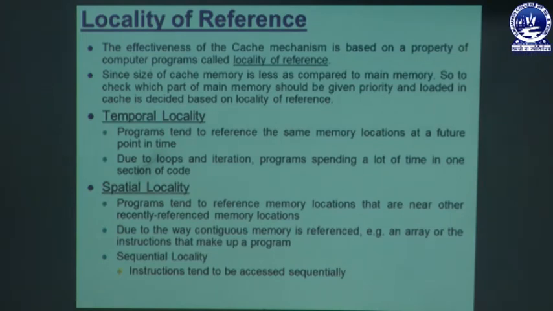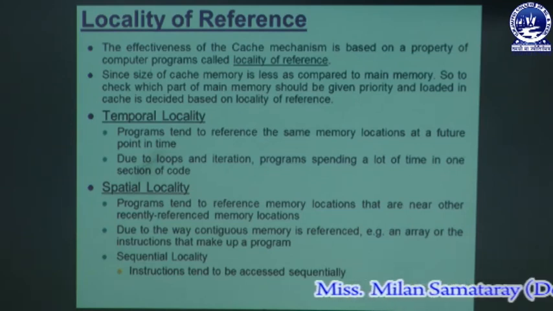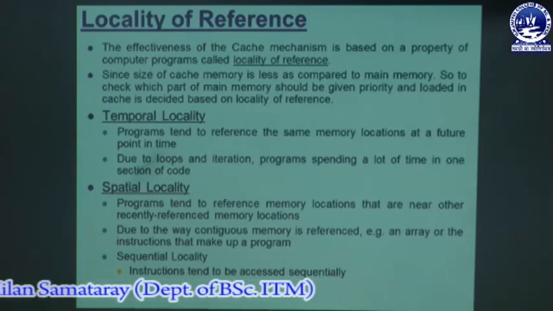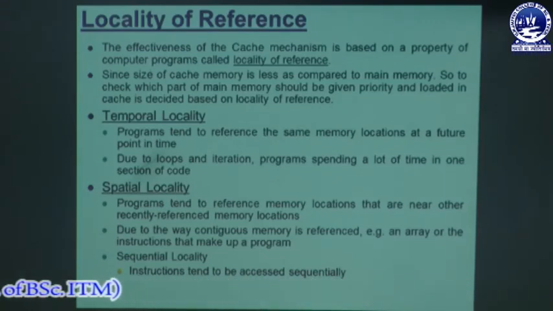This is due to the way contiguous memory is referenced, because when we choose a block of memory, we take some memory locations before the recently referenced memory location and some after it. Those memory locations have to be in a contiguous manner, like an array or the instructions that make up a program, because an array is a data structure used to store data in contiguous memory locations.